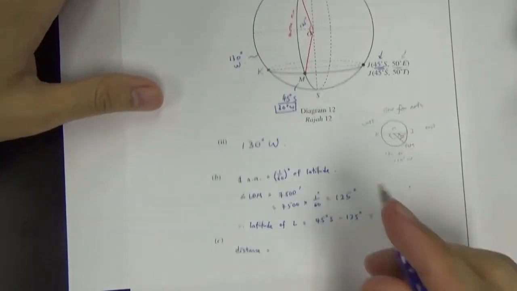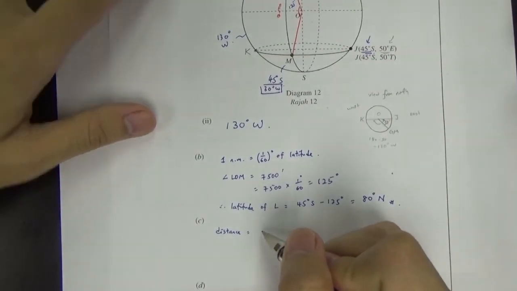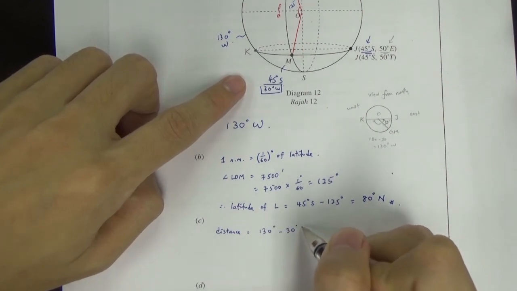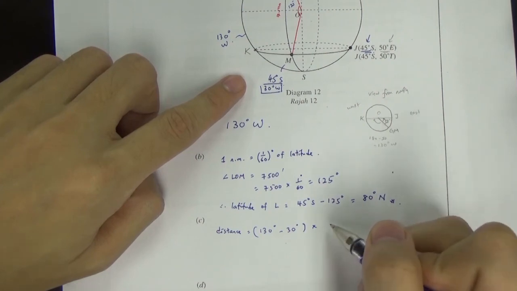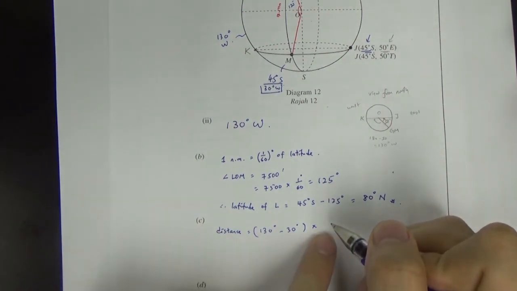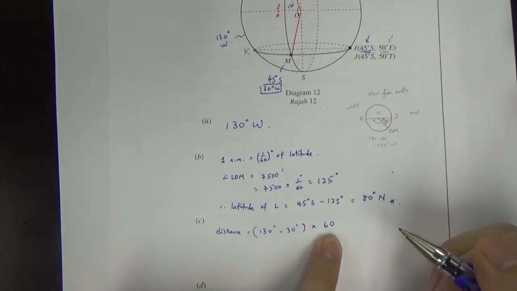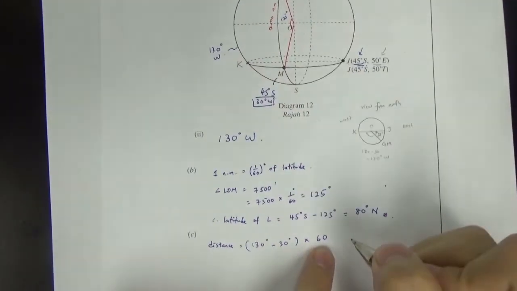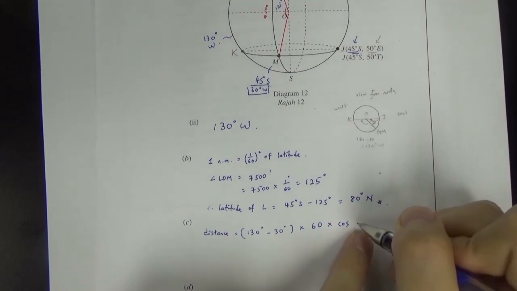So now recall the formula to calculate this distance. We will need the difference in longitude, meaning 130 minus 30 degrees, multiplied by 60 to convert it to nautical miles, because 1 degree means 60 nautical miles, but because it's not along the equator, we need to multiply by the cosine of the latitude.